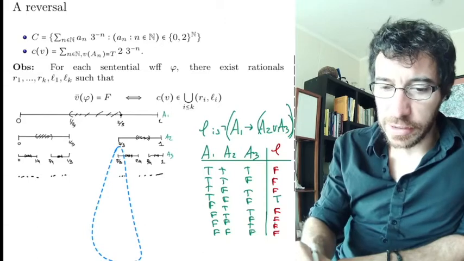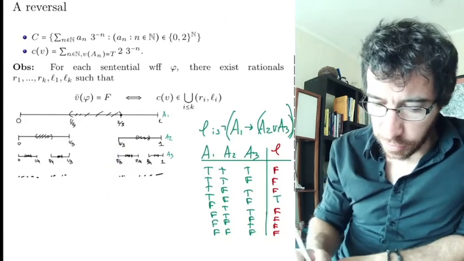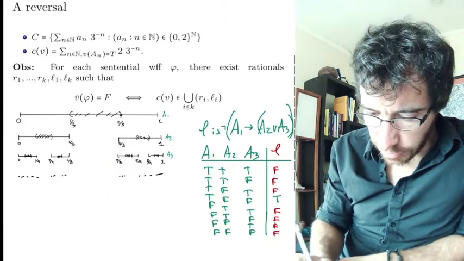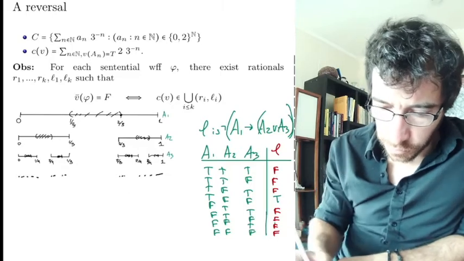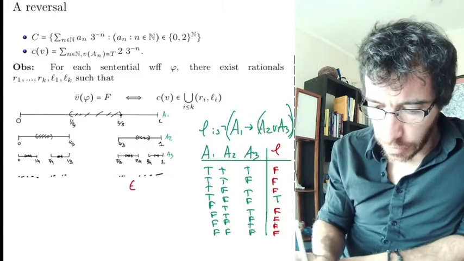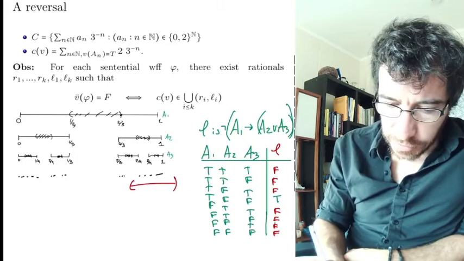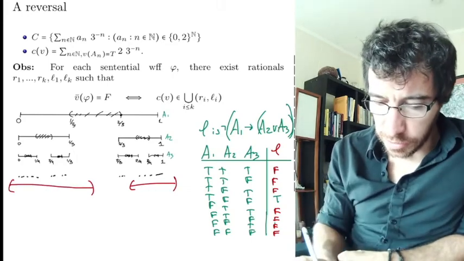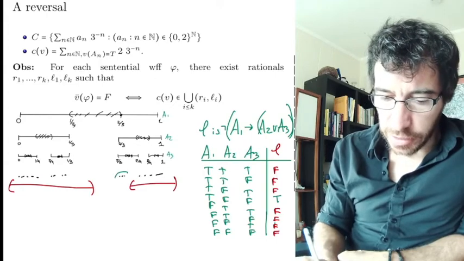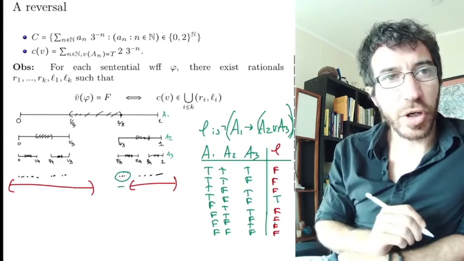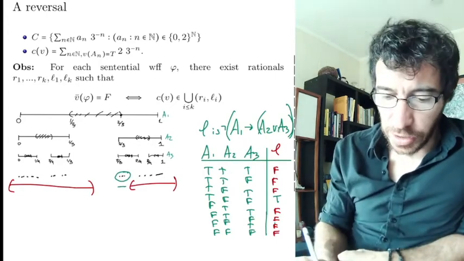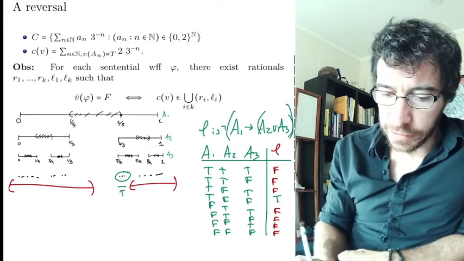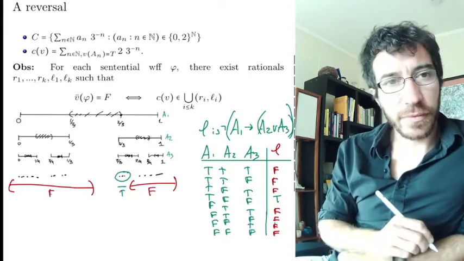So you need these intervals that cover the rest, right? So we need an interval that covers this part and an interval that covers this part, and leaves out this part of the Cantor set. It's left out. This one is not covered by the intervals because that's when you get true, and in the intervals that's when you get false.